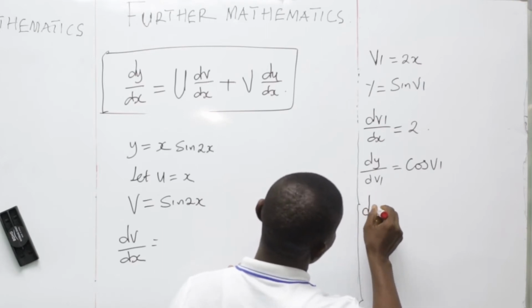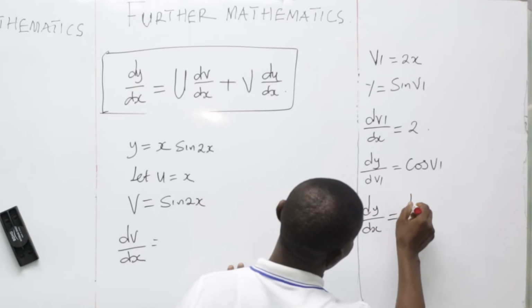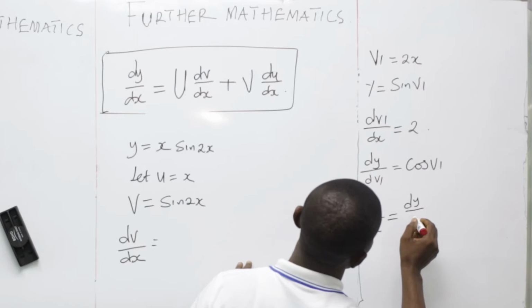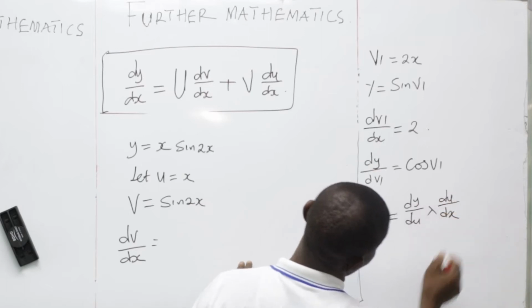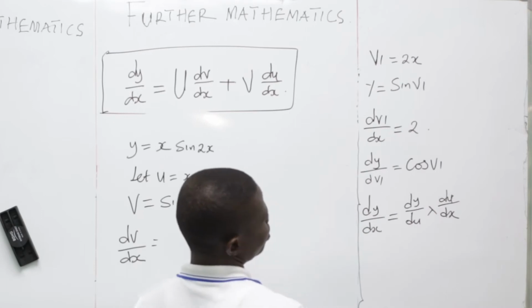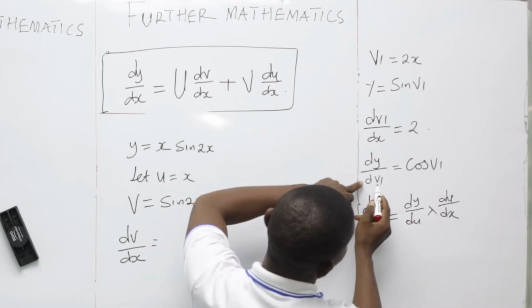By chain rule, you have that dy/dx equals dy/dv1 times dv1/dx. So when this cancels, it will give us dy/dx. So remember, we are using v1 here.